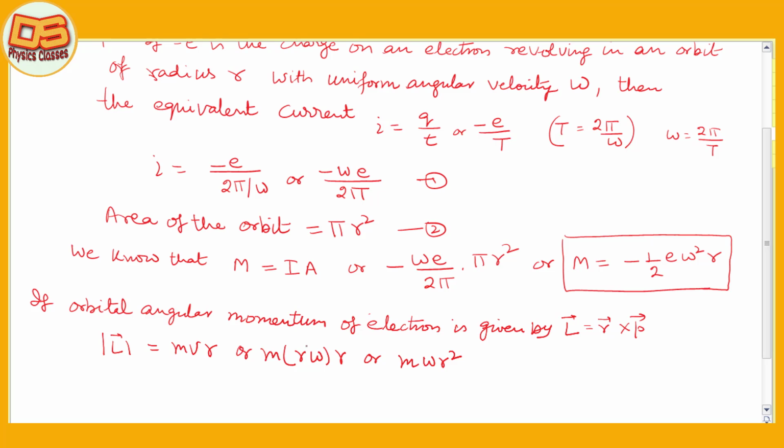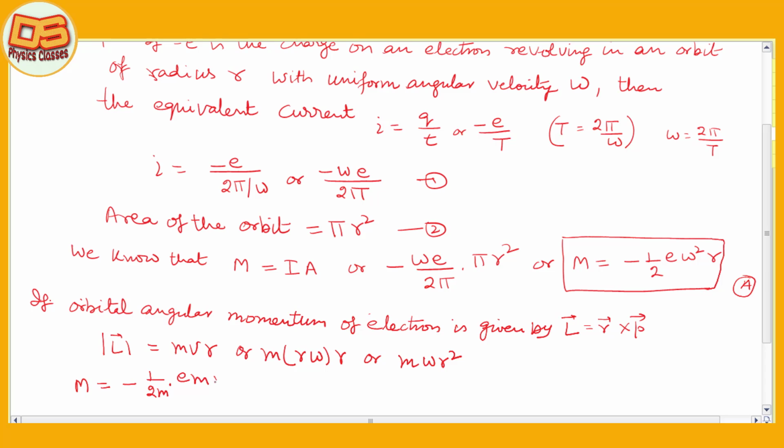Then this equation, suppose this is A, can be written as m is equal to minus 1 upon 2m e m omega r square, means multiplied and divided by m.